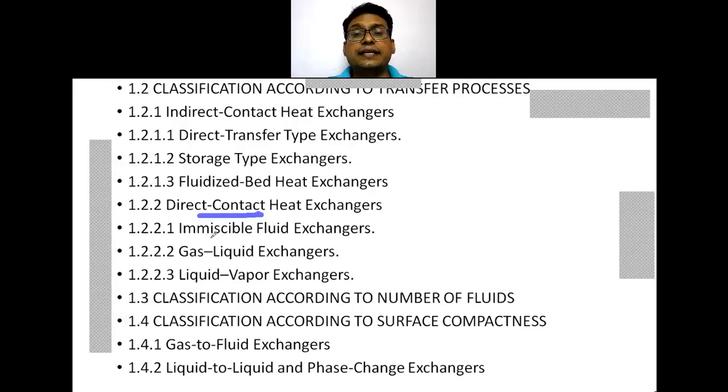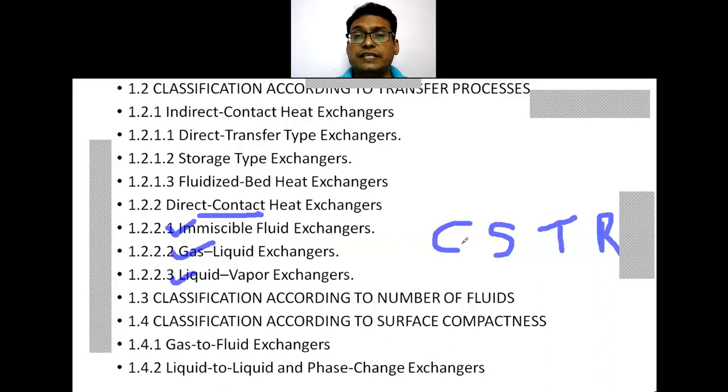So in that case, there can be immiscible fluid exchangers, gas liquid exchangers, and liquid vapor exchangers. Besides that, a continuous stirred tank reactor and all the mixers are also taken into account for the vessel type. So this is direct contact.